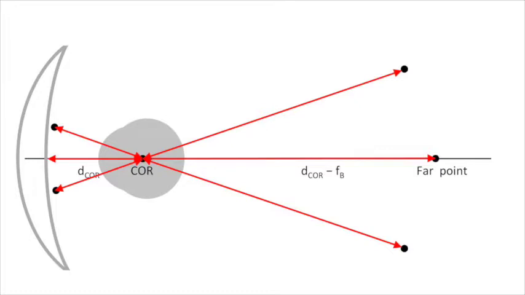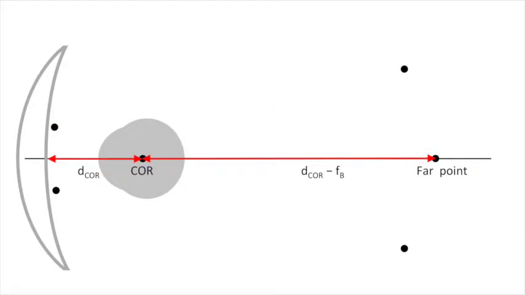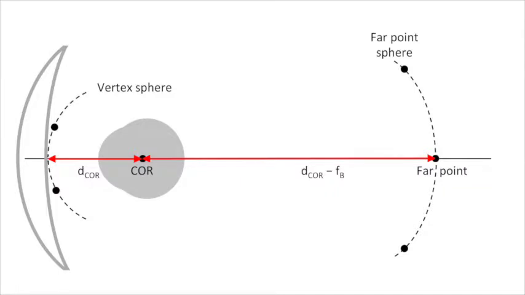We could of course draw an infinite number of these lines, and what we would see is that the far point falls on a circle, or in three dimensions a sphere, and we also have a circle in front of the eye called the vertex sphere. We can get rid of those dots and we see two circles. The radius of the first is D_COR, and the radius of the second is the radius of the far point sphere, given by D_COR minus F_B.